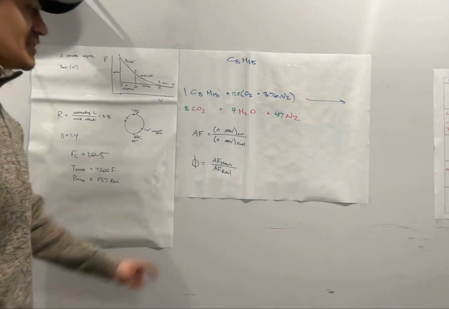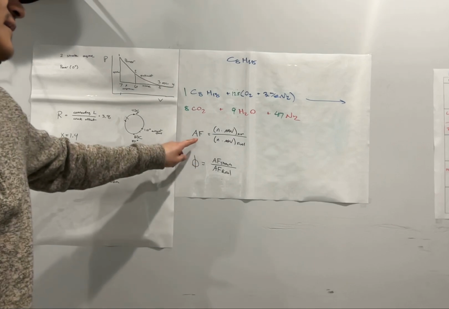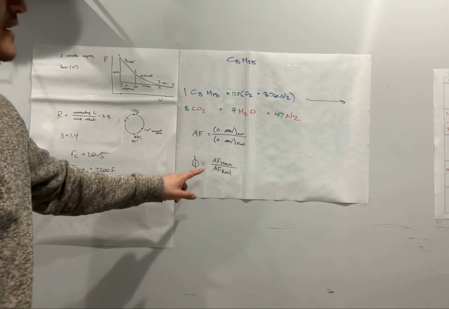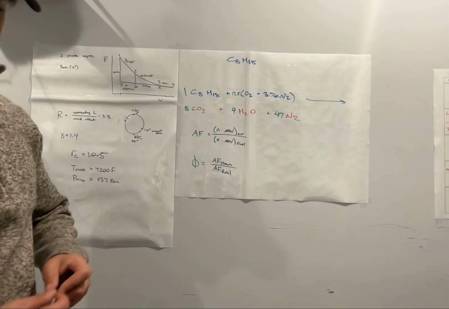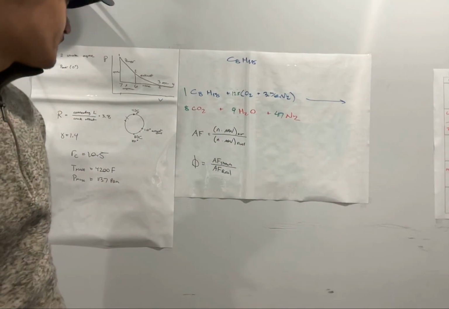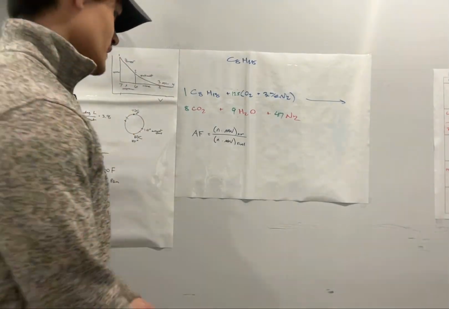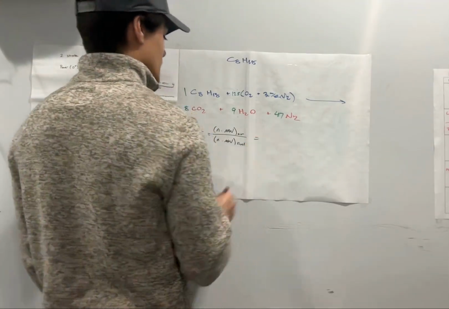Now the reason I say we don't need to solve for the real case is because we could get the stoichiometric case of the air-fuel ratio, and we have the equivalence ratio, so we could just solve for this directly. So let's do that. And I'll just put an S here because this is the stoichiometric case. All right.